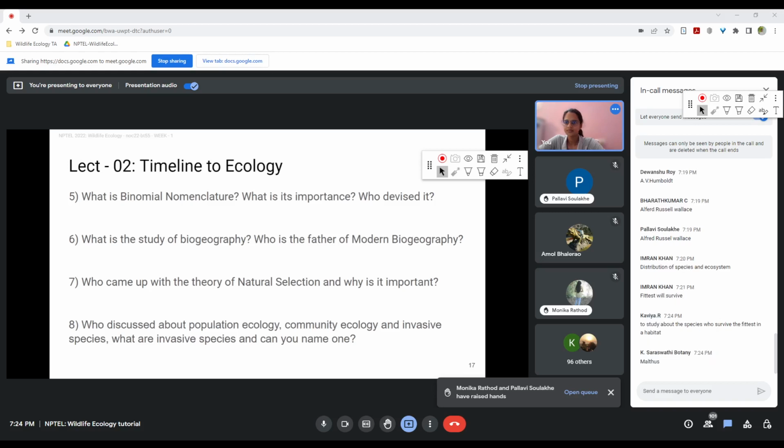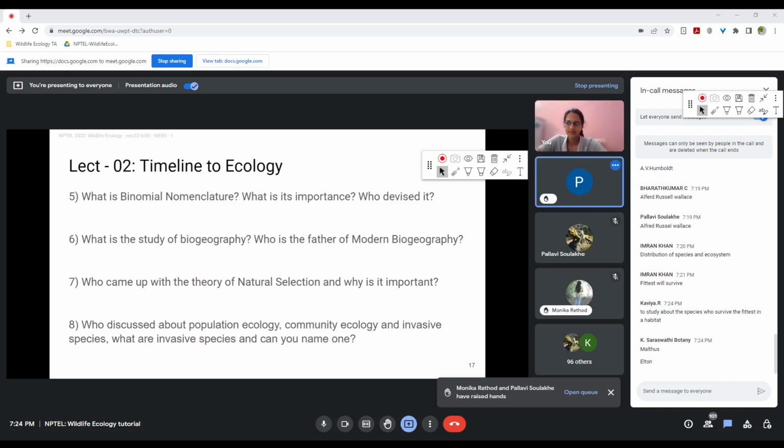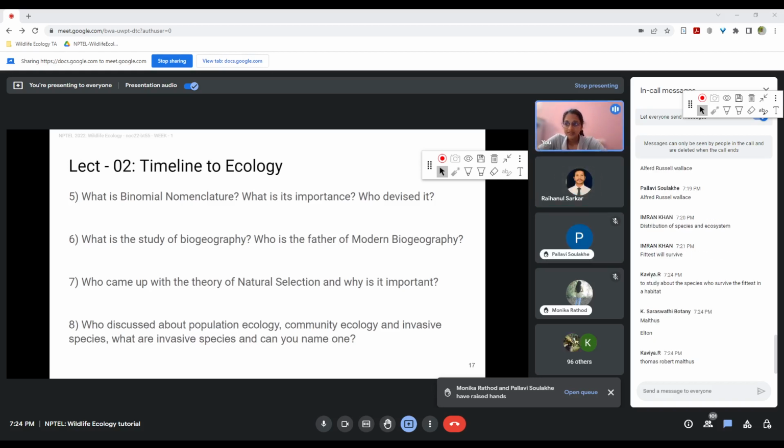Malthus, I think the word population might have stumped you. No, not Malthus. Elton, yes, someone's mentioned Elton. Yeah, so no, it's not Malthus.